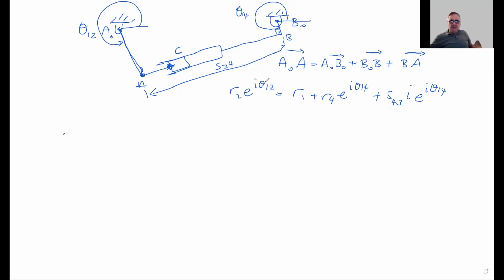Now this BA has a distance of S4,3, and its angle is this, which is theta 1,4 minus 90 degrees, right?